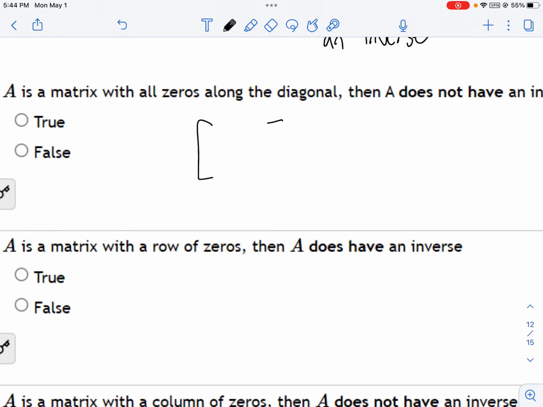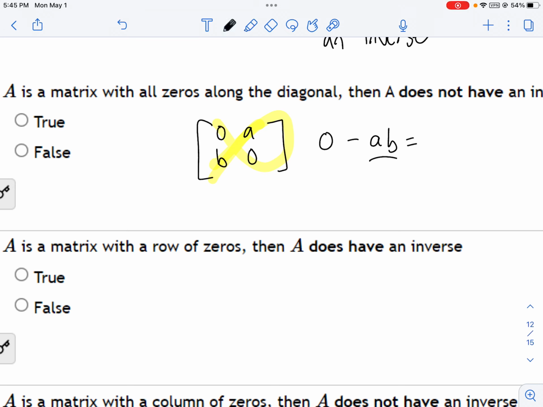So looking at this one, if we have a square matrix with zeros along the diagonal, let's just make up an example, right? So any diagonal has a 0, and then we have numbers for the other entries. If we try to take the determinant of this, we get 0 times 0, which is 0, minus the other diagonal, which is a times b. Now, unless a and b are also 0, or one of them is 0, it would be 0 as a determinant.